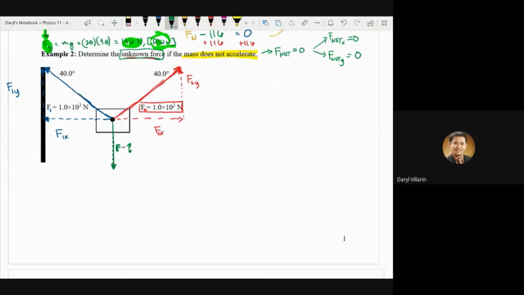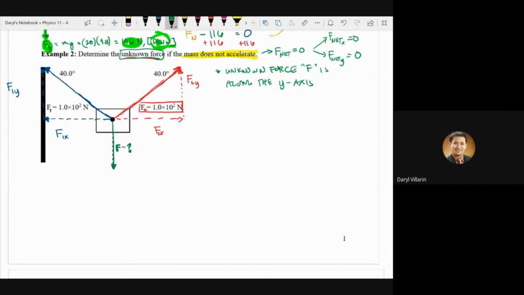So how will we solve for that? Well, if you're going to examine the known force F on the y-axis, right?